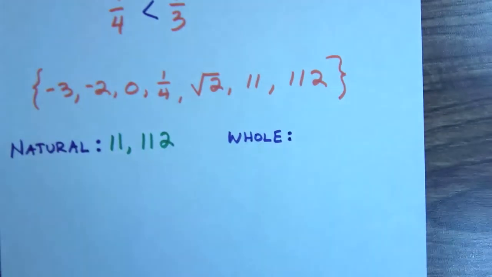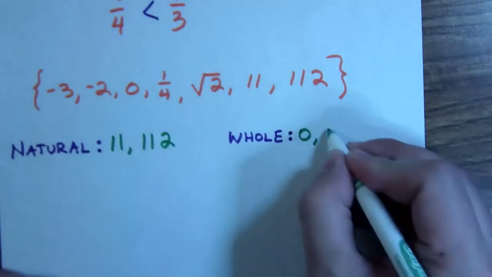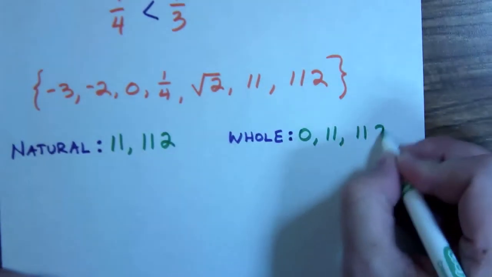That's up to you. Which ones are the whole numbers? Zero. And 11, 112. Good.